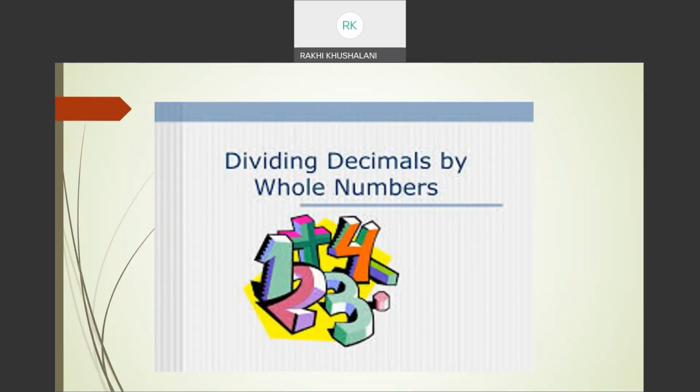Now, in division, there are three types of division: dividing decimals by whole numbers, dividing decimals by decimals, and dividing decimals by multiples of tens. Dividing decimals by multiples of tens is extremely simple. That will be our last part of this particular concept. But today we are going to do dividing decimal by whole numbers.